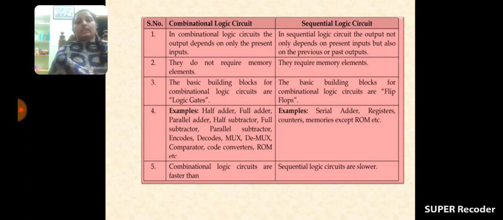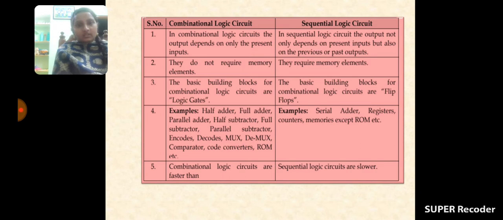And while coming to the other difference, in our last class we discussed combinational logic circuits. Now we have discussed sequential logic circuits. Already I told you the definition. In combinational logic circuits, present output depends only on the present input.